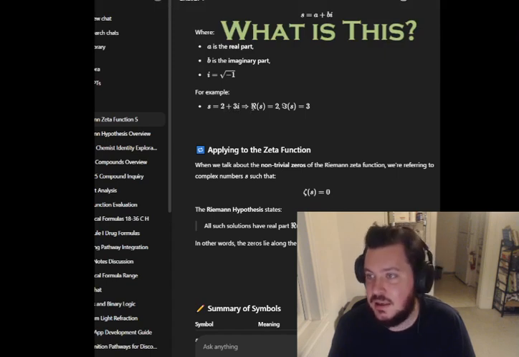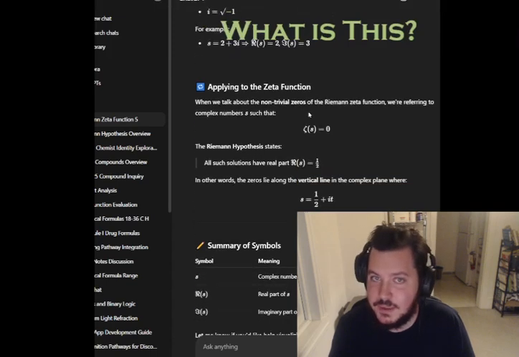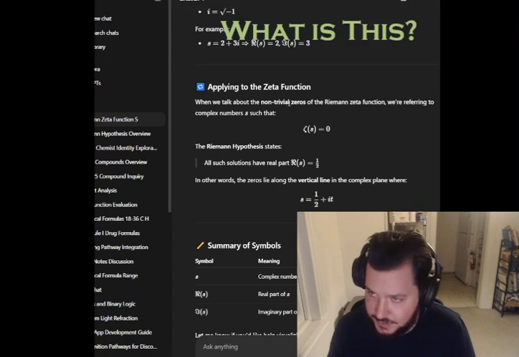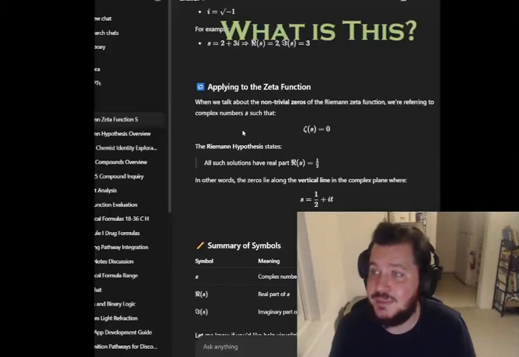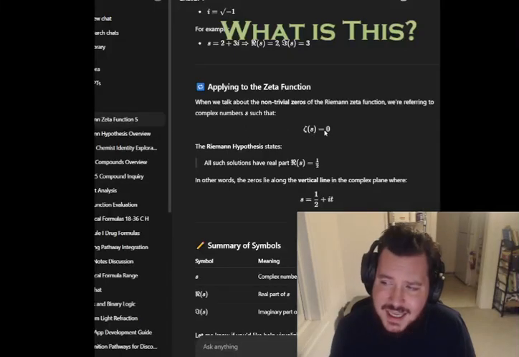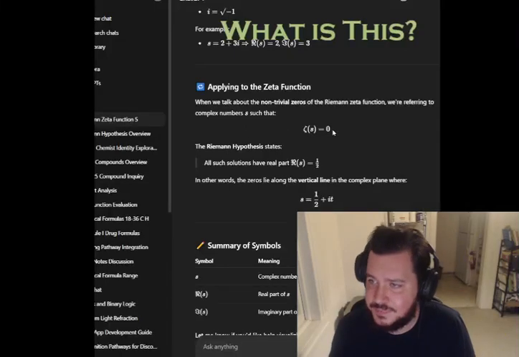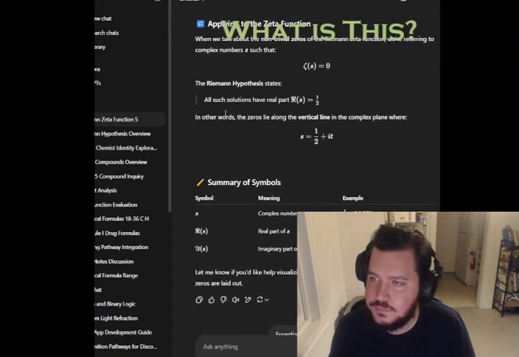Translate, real value S equals 2, I don't know what that is, S equals 3. Applying to the zeta function. When we talk about the non-trivial zeros of the Riemann zeta function, we're referring to the complex number such that zeta S equals 0. But the real part is 1/2.